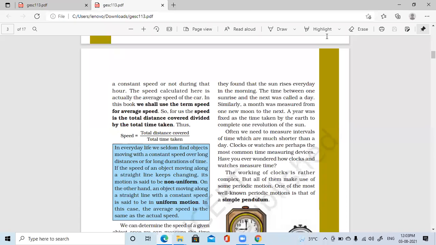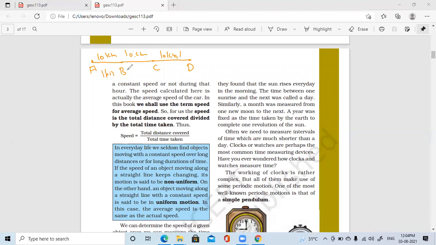Next, we have two kinds of motion. One is uniform, one is non-uniform. How can we describe uniform and non-uniform motion? Look here. If the body starts its motion from point A, reaches B, reaches C, and then D. Now A to B I have 10 kilometers, B to C 10 kilometers, C to D 10 kilometers.